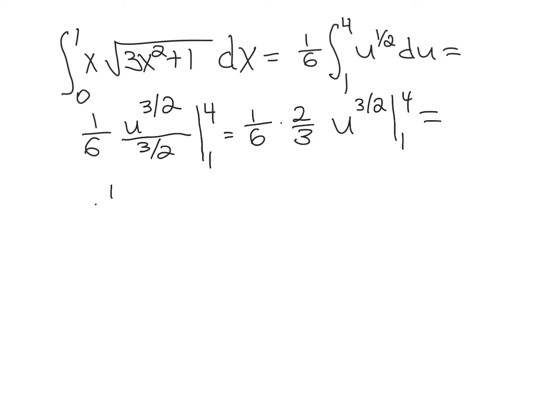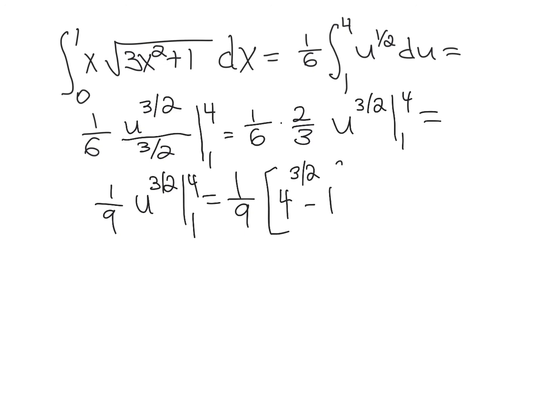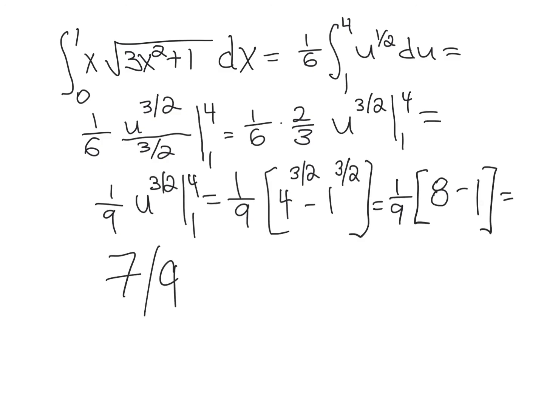And this is 2 over 18, or 1/9 u to the 3/2 evaluated from 1 to 4, which is 1/9 times 4 to the 3/2 minus 1 to the 3/2. Again, 4 to the 3/2 is 8, so it's 1/9 times 8 minus 1, which is equal to, just like when we went back to x to evaluate the definite integral, the answer is 7/9.